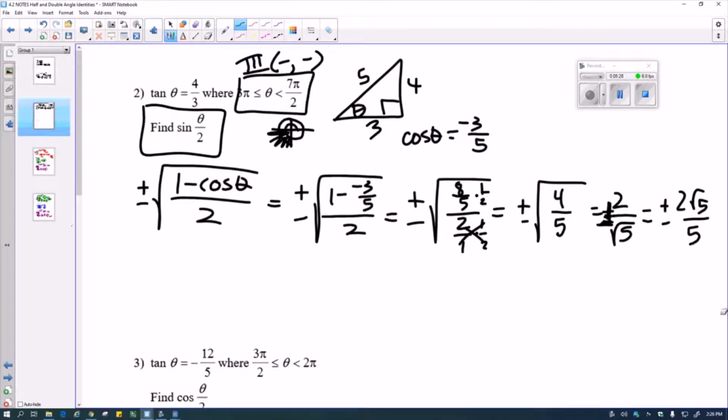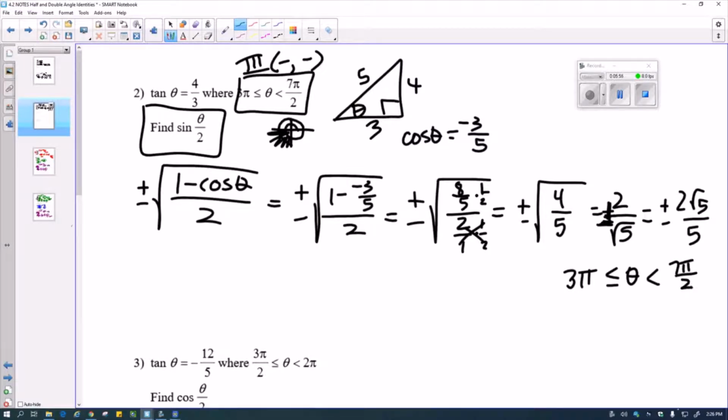Now, the final thing that I have to do, and this is why I don't like to use the ones with the radicals on them if at all possible, because I have to figure out what it is, plus or minus. Well, that comes from this original thing as well. I'm starting in the third quadrant, so 3 pi is less than or equal to theta, which is less than 7 pi over 2.